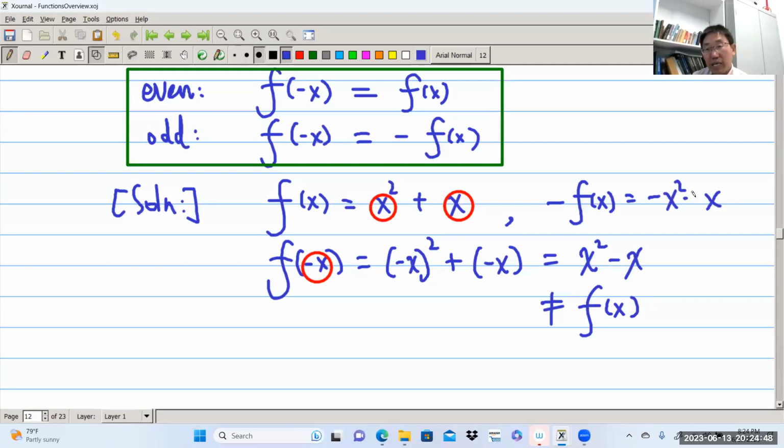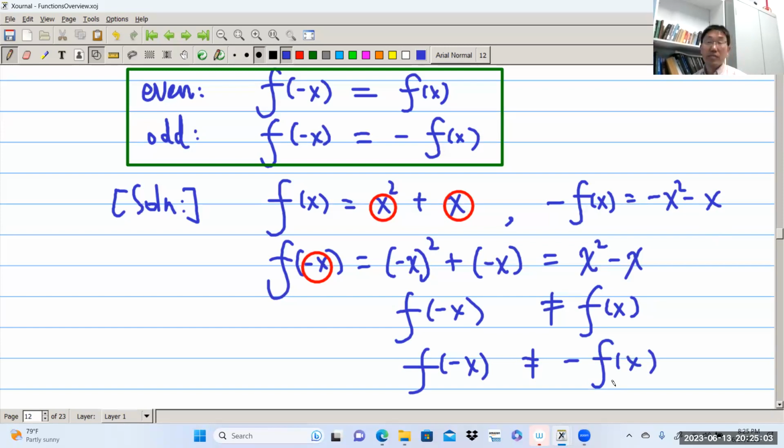Is this guy the same as negative x squared minus x? Again, not. So f at negative x is not f of x, and f at negative x is not negative f of x either. So when you have this inequality, you know this function is not even. When you have this inequality, you know this function is not odd either. So this function is not even, not odd.